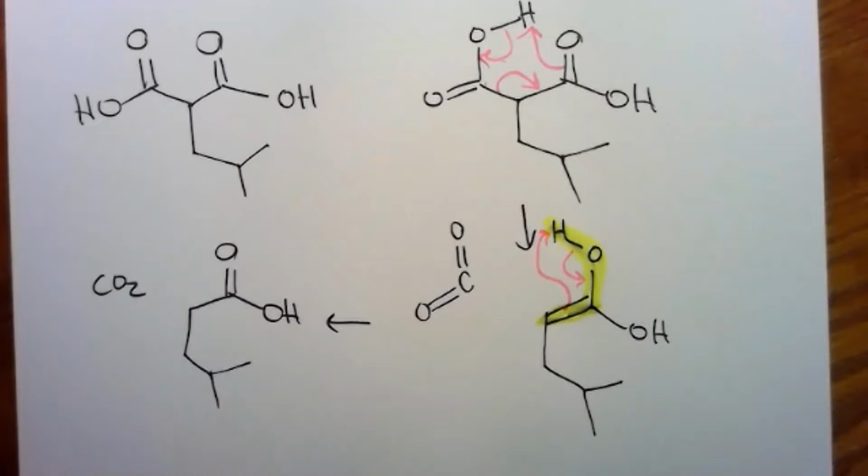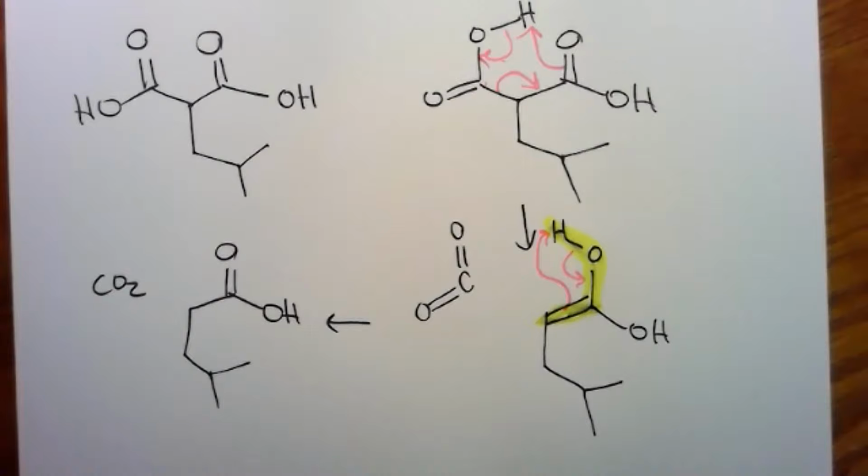The malonic ester synthesis starts with a dimalonate, diethyl, dimethyl, diisopropyl, whatever, a dimalonate compound, turns it into an enolate, does an SN2 reaction, and then gets rid of the esters and decarboxylates.